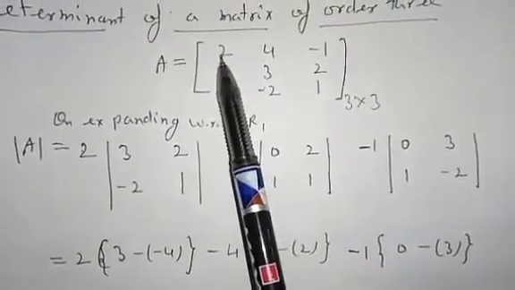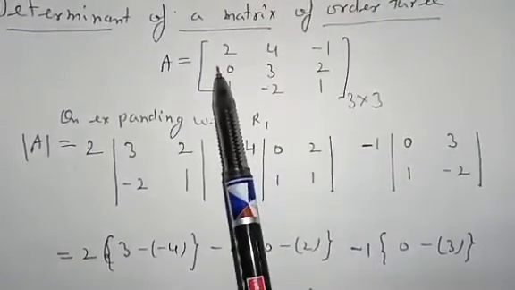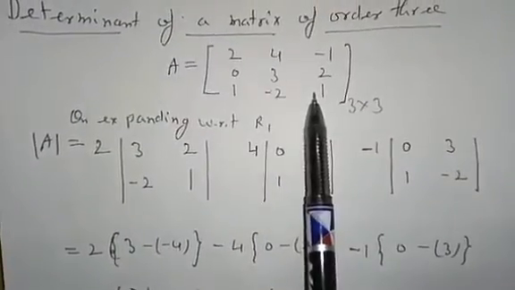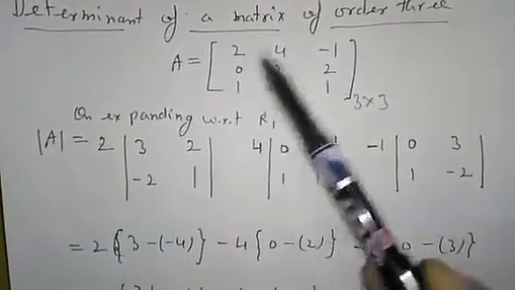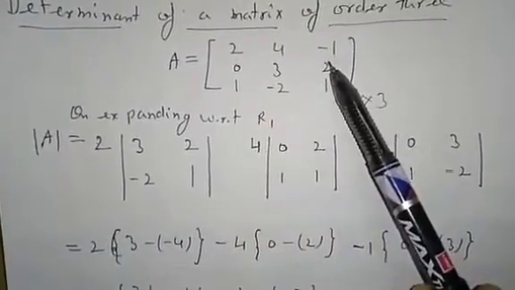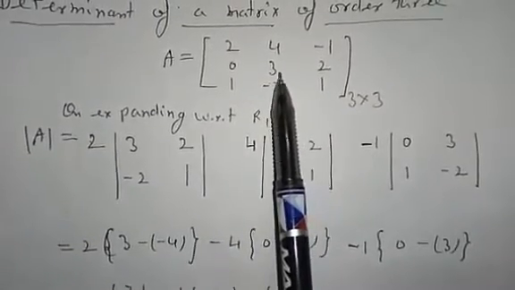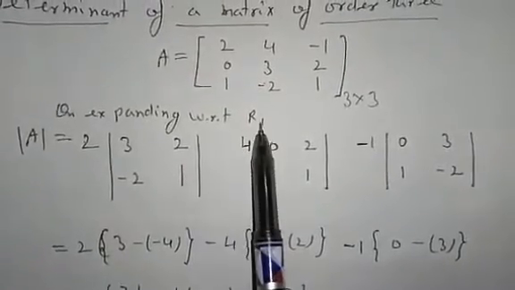We may expand this matrix with respect to R1, R2 or R3. In the same way we can expand with respect to a column also, column 1, column 2, column 3. But here we are calculating the value of the determinant by expanding with respect to R1.